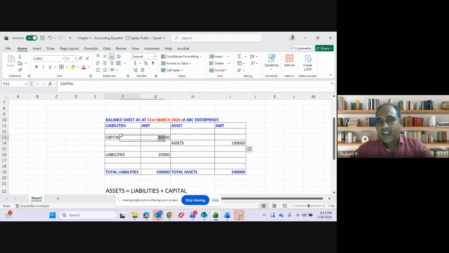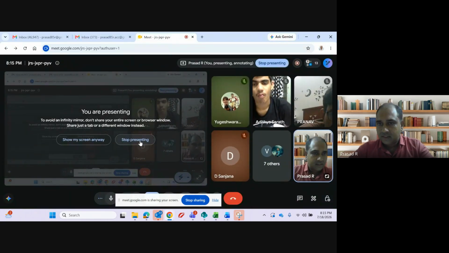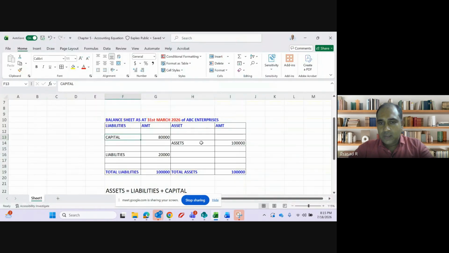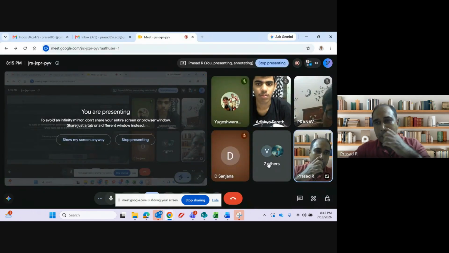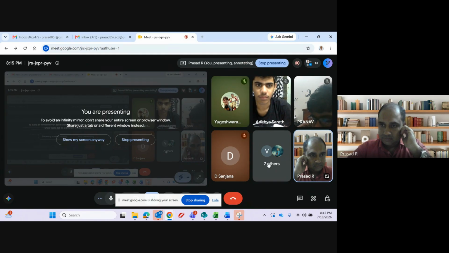Asset side, and in the liability side, we have internal liability, which is called capital, and external liability, which is called liabilities. So assets will always be equal to liabilities plus capital. Clear? From here only the concept of accounting equation has emerged. Any doubt?